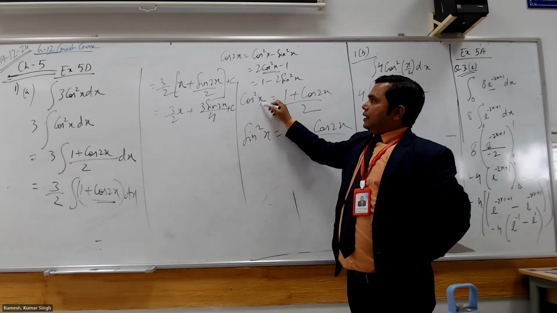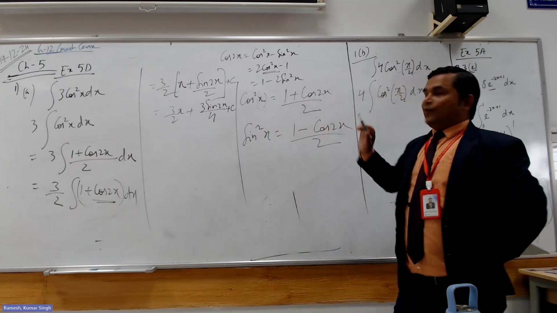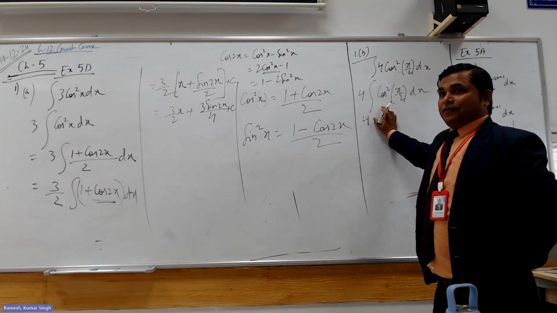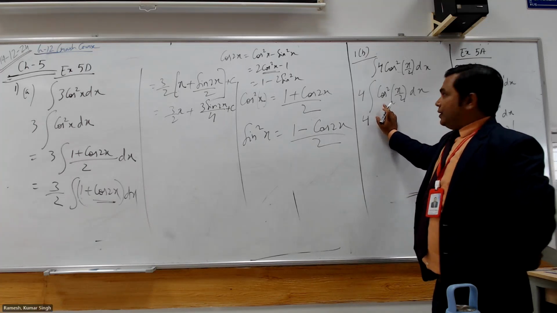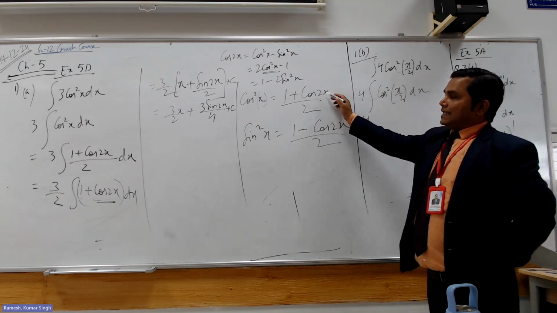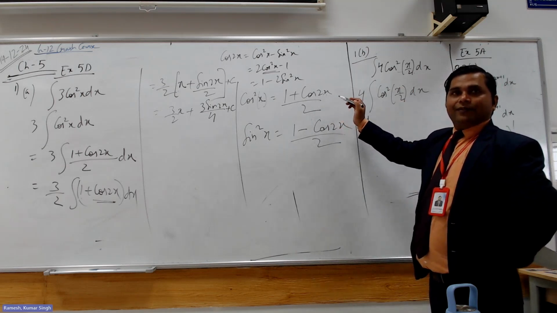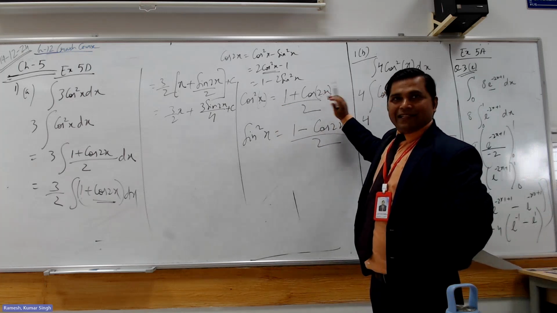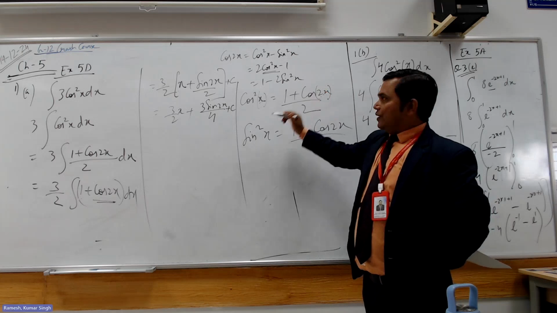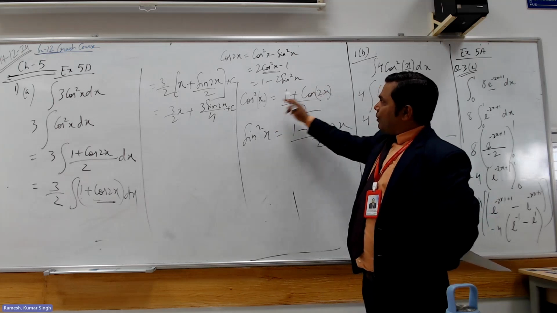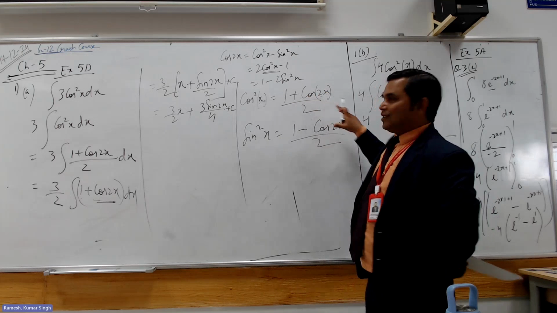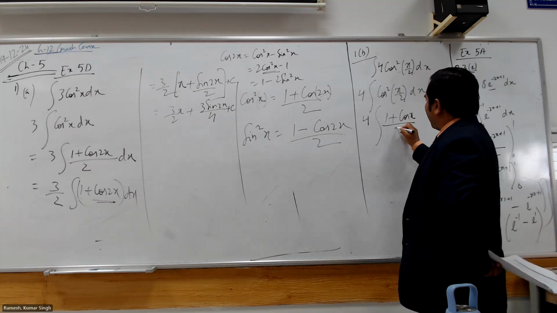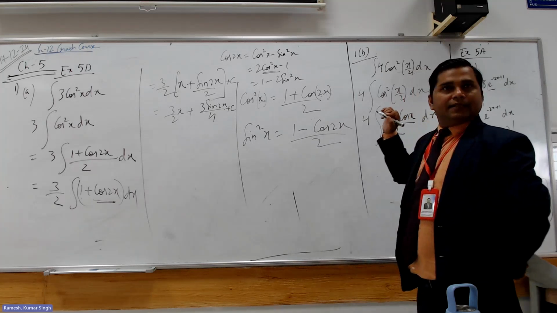If it is x, we get cos 2x. If it is x over 2, I've taught you in class when I was teaching trigonometry that if it is x over 2, it's x half. Here we need to get 2x, double. So if it is x over 2, double of x over 2 is going to be x. So this is going to be 1 plus cos x over 2 dx.